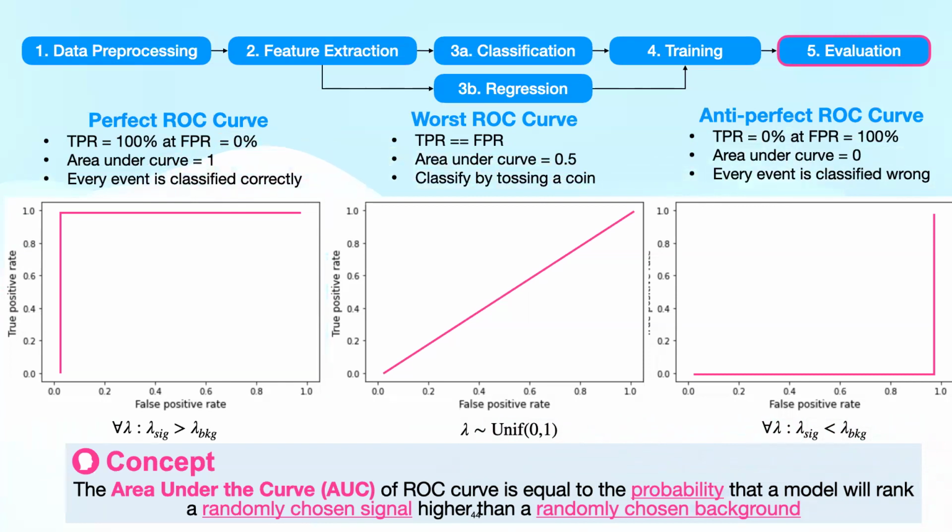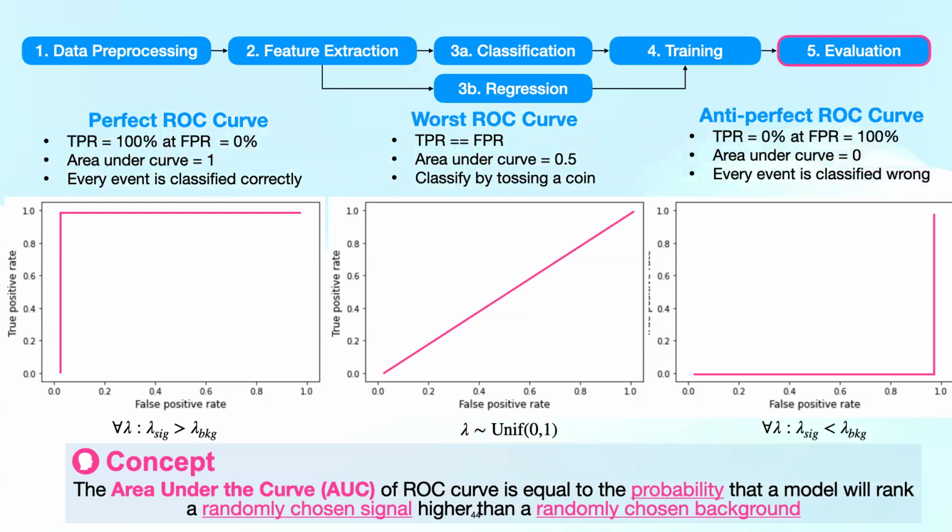But if you are doing everything wrong, it means you know the right answer, right? You can just reverse the labels and then you will turn this into this. That's why I call this an anti-perfect ROC curve, because it actually means you know everything, but you intentionally do it wrong, basically.